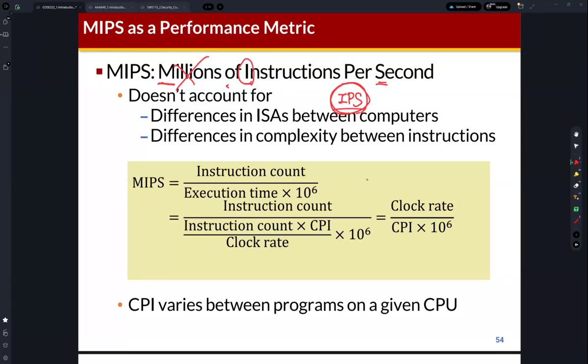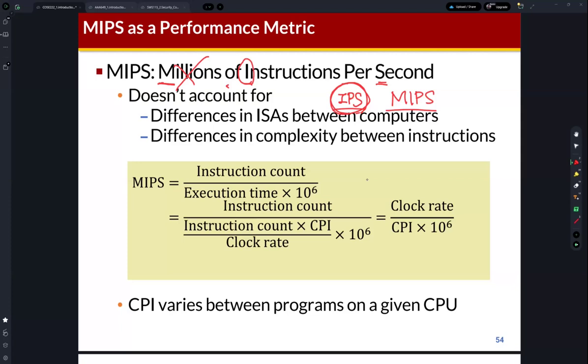So we can say that if the MIPS value is higher, then the performance is also higher. But it's not always true. Why?